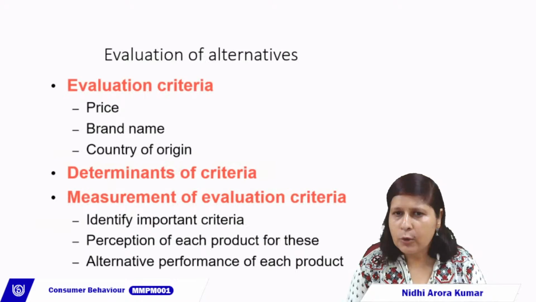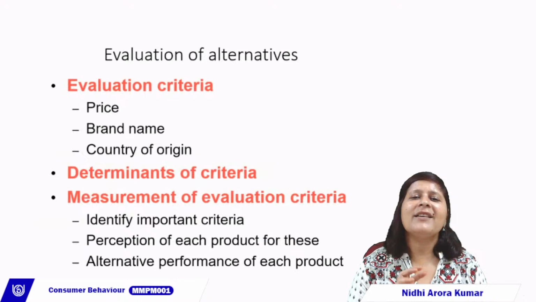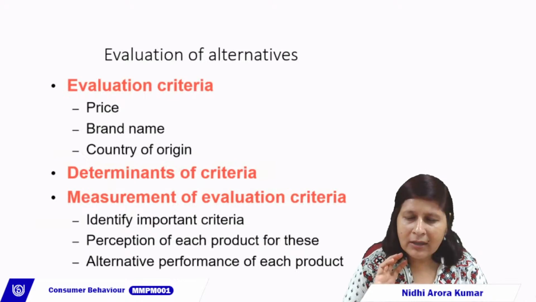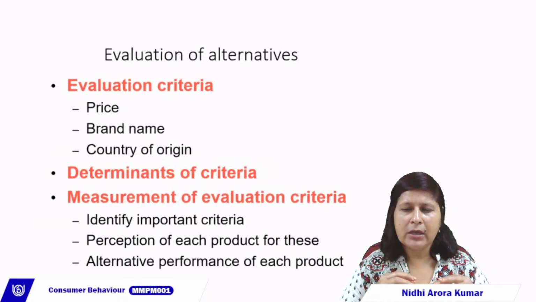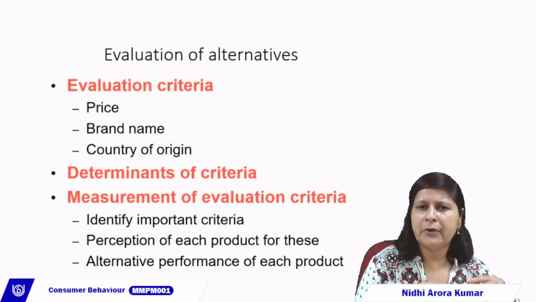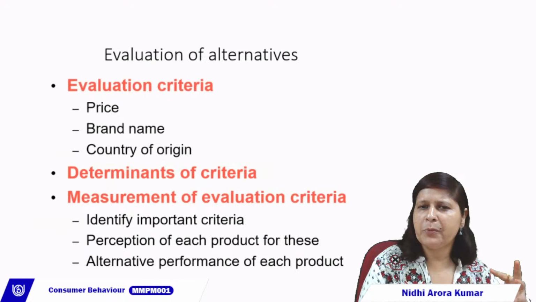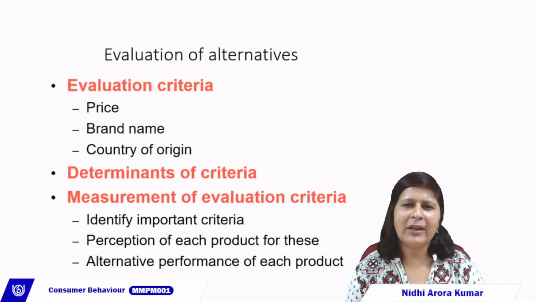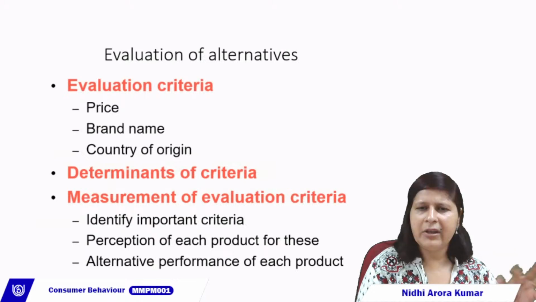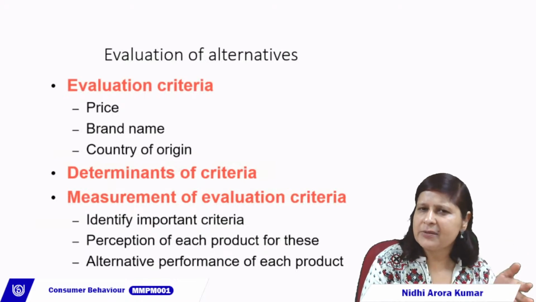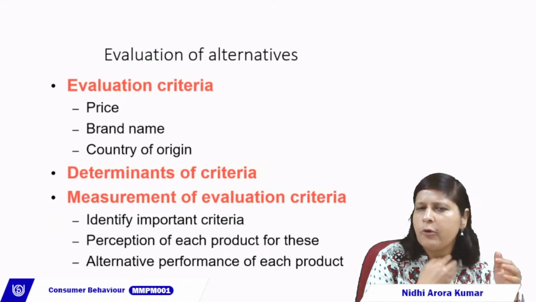Then it could be the brand name, right? Suppose the product of some brand X costs more than brand Y, and X is a well known brand, then I may feel that I can go for this. So the first criterion could be price.